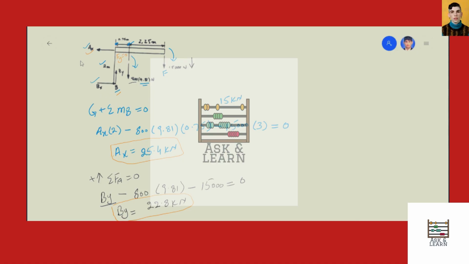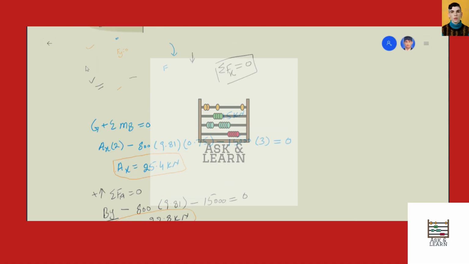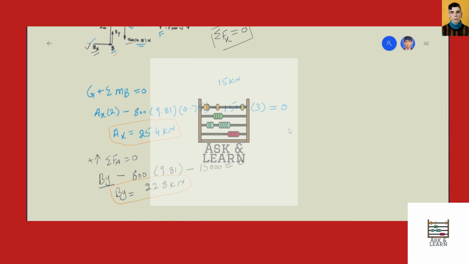We need to verify the summation of forces equation in the x direction equal to 0, and from it we will find this Bx, which is in the opposite direction to Ax.